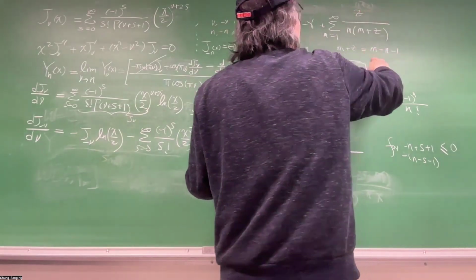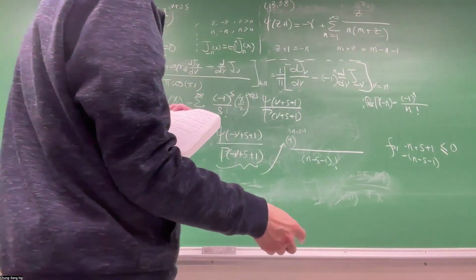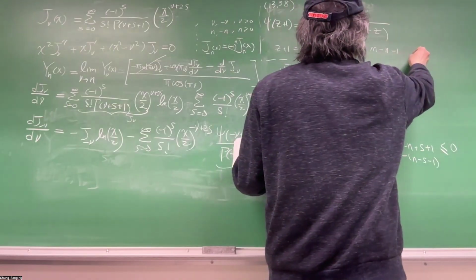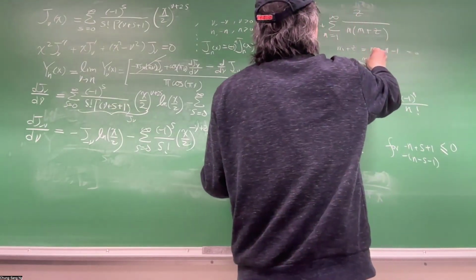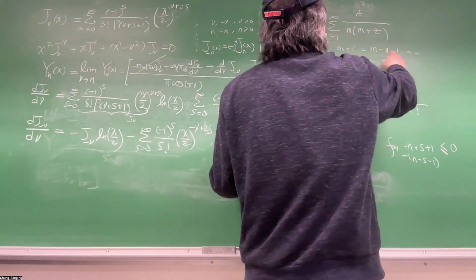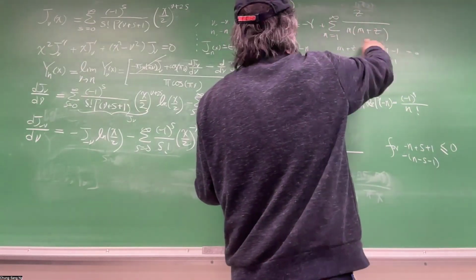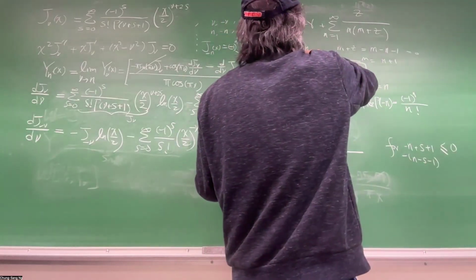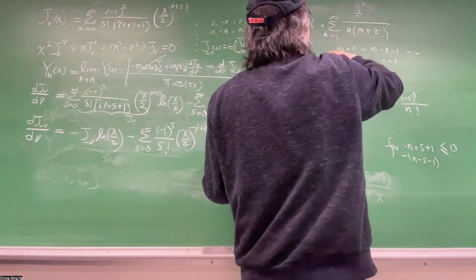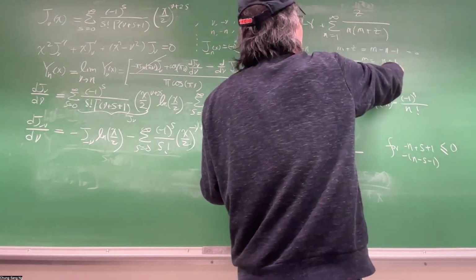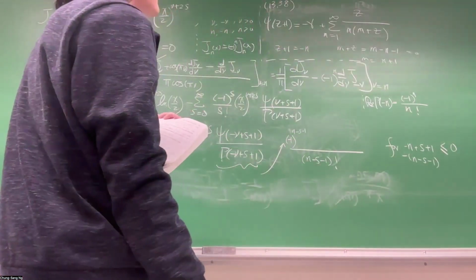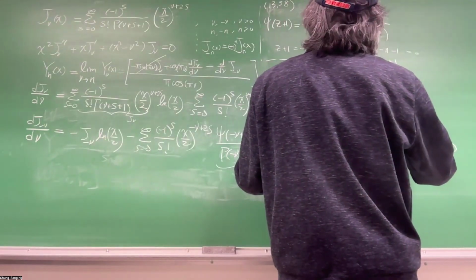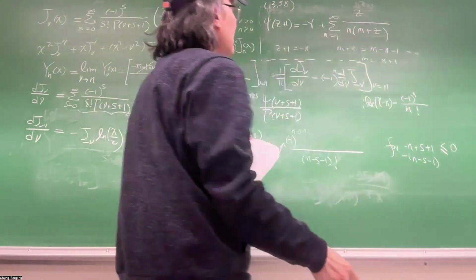And so if this is equal to 0, then m is n plus 1. That will make it singular if z equals minus n minus 1. So m is equal to n plus 1, and the residue is minus 1, right?